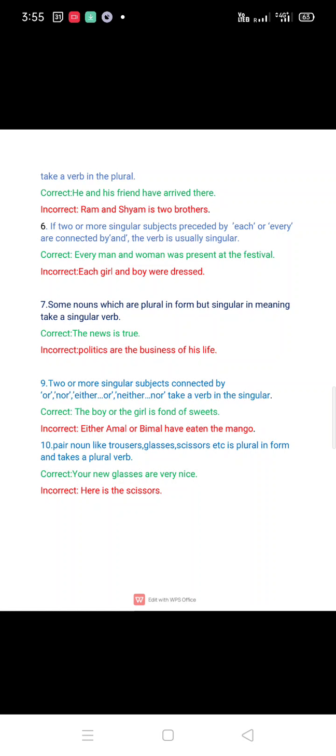Generally we add s or es to the plural form of nouns, right? So here you can see that news, politics, these are plural in form but always singular in meaning. So these nouns must take a singular verb. Like the news is true, politics is the business of his life, not are.